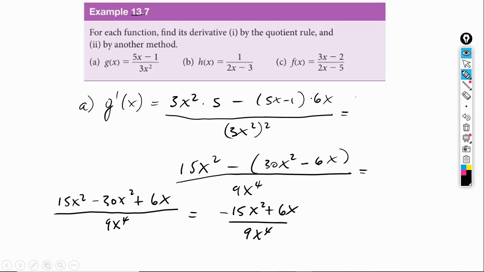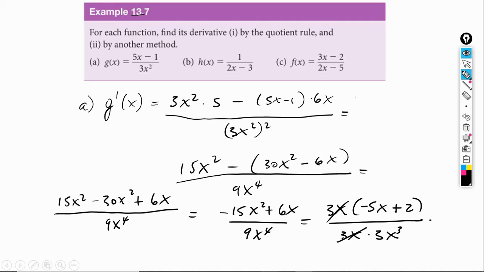And we can simplify this more by factoring out, let's say, 3. So 3 and x as well. So 3x times negative 5x plus 2 over, notice that we can separate this as 3x times 3x to the 3. So now we can cancel this out and we're left with this expression.